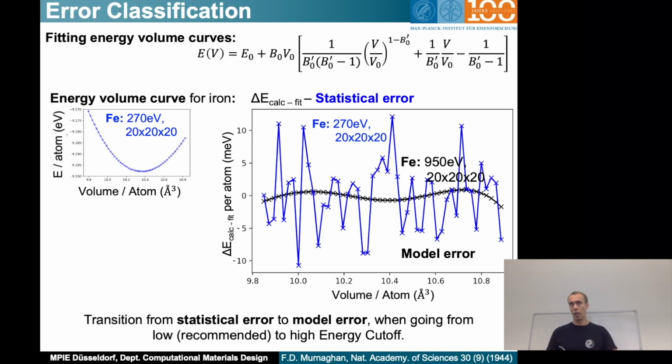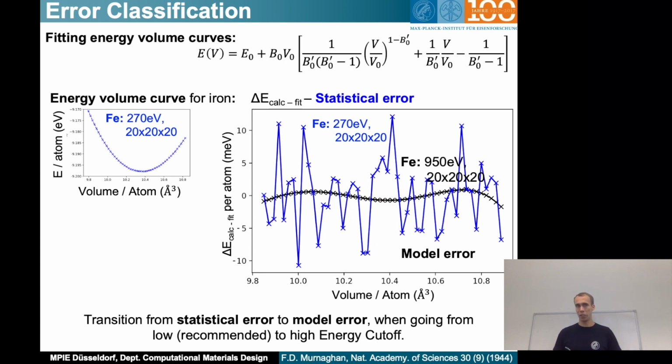So the high frequency noise, we say, is like a statistical noise, where the low frequency one is more like a model error. Right? So if we remember, our equation of state has 4 free parameters, so it can be somewhat identified as a third order equation. And then what we're missing here is really the 4th order contribution. And we nicely see the shape of this 4th order term here.